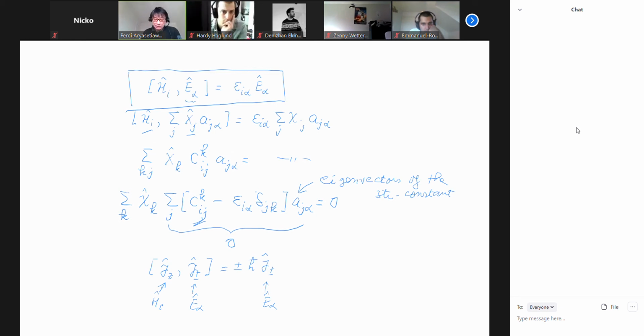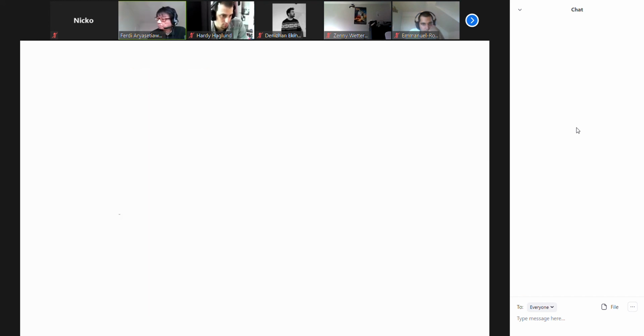And then it's easy to show that if you have this property here, then the operator E behaves indeed like a ladder operator. So we operate it on a state like that.